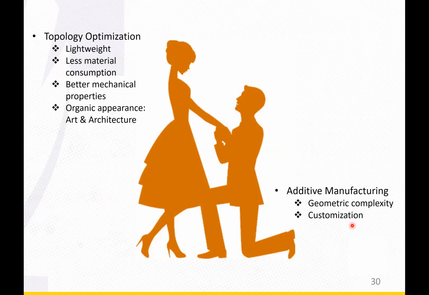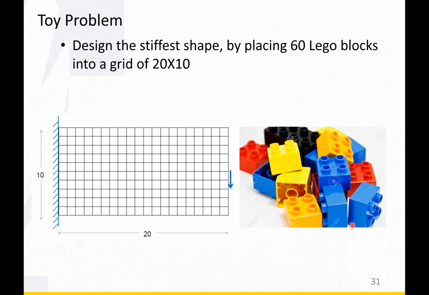So that will be a perfect marriage between topology optimization and additive manufacturing. One can generate a complex geometry, another can produce the geometry as a physical object. Then that's a perfect match for them. So that's why both topology optimization and additive manufacturing are mentioned at the same time in recent research, all right?